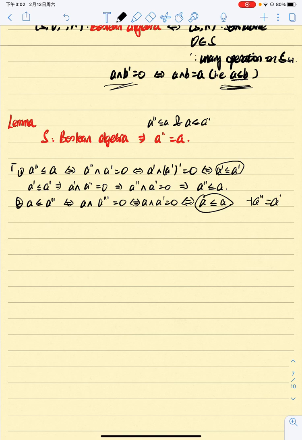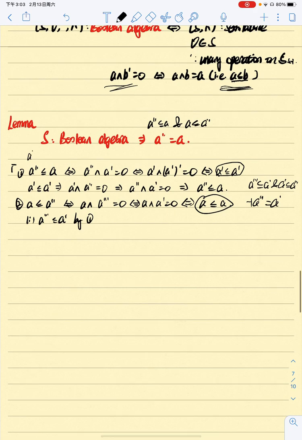Also, we use two parts: A triple prime smaller than A prime, and A prime smaller than A triple prime. First, A triple prime smaller than A prime. This is very easy to get by 1, right? Because we change A prime by A, then we can get this result. And the second, we should prove A prime smaller than A triple prime.